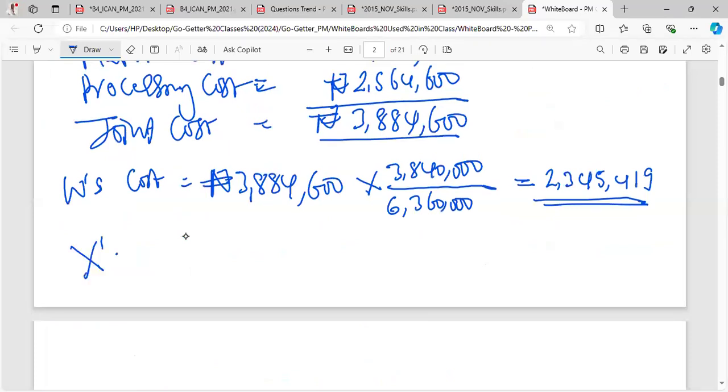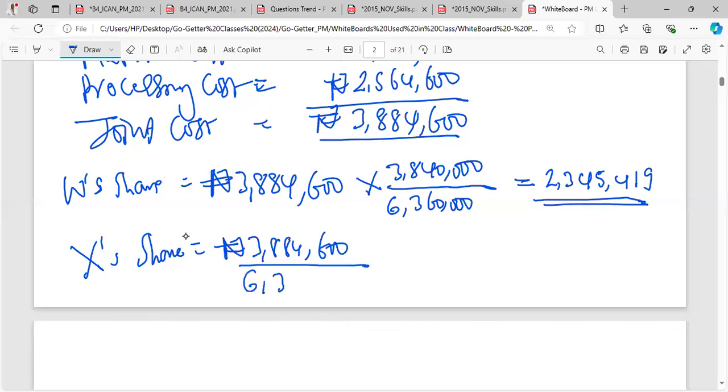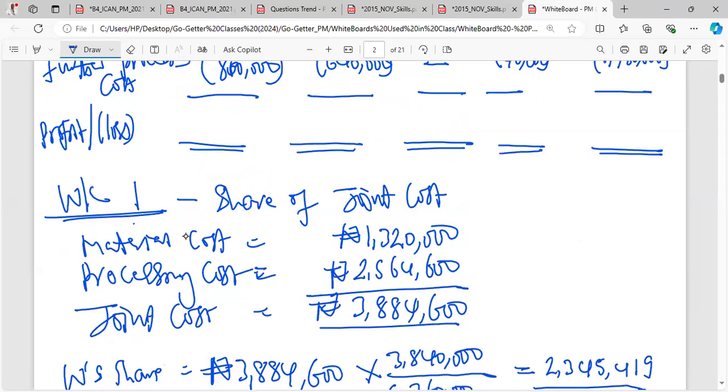X share. We still use the same thing: 3,884,600 divided by 6,360,000 times what is X sales value?